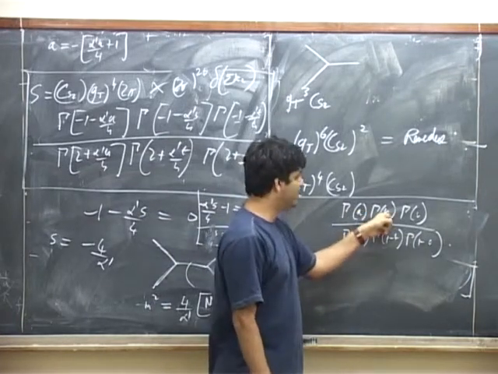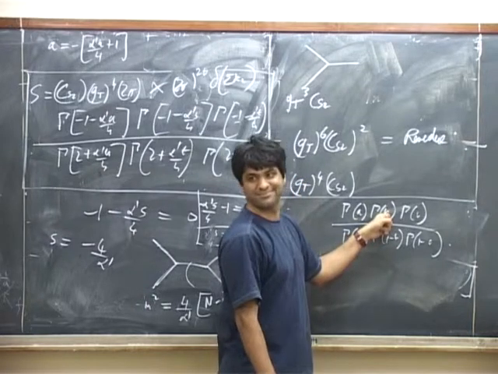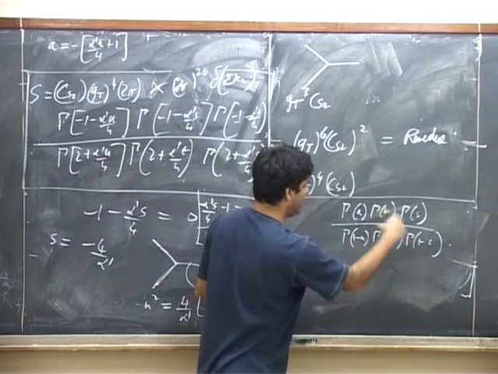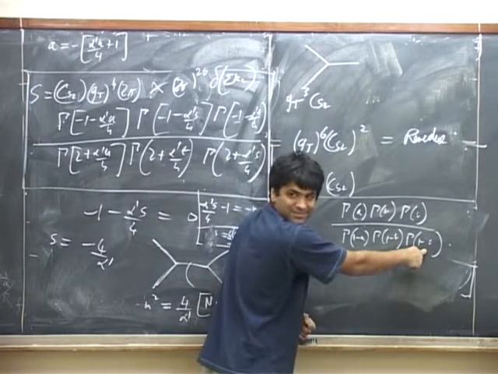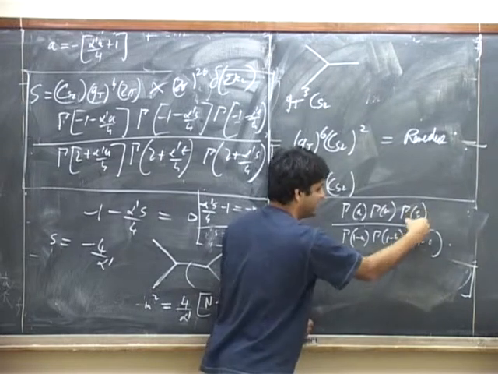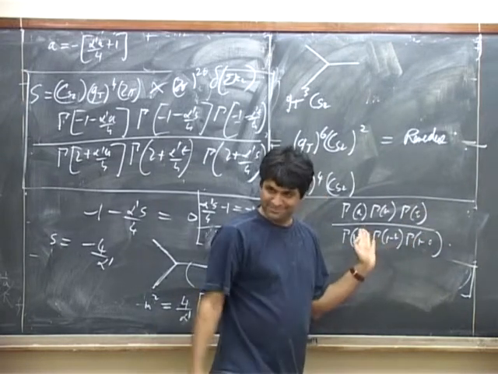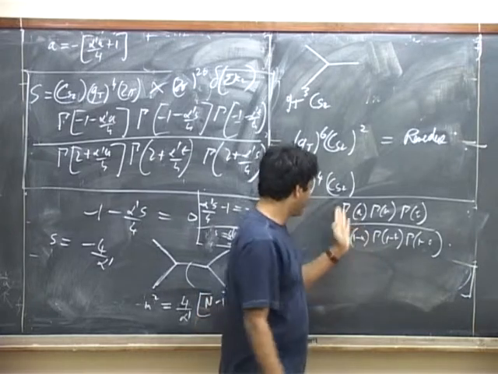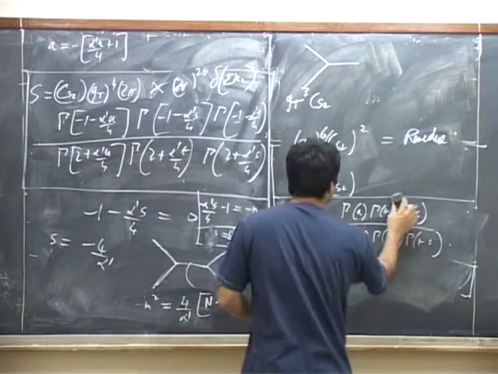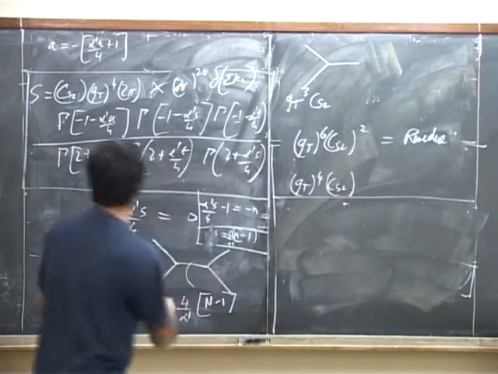Okay? So where A is equal to 0, B is 1 minus C, and C is 1 minus B. So this gamma of B cancels the gamma of 1 minus C, and gamma of C cancels gamma of 1 minus B.